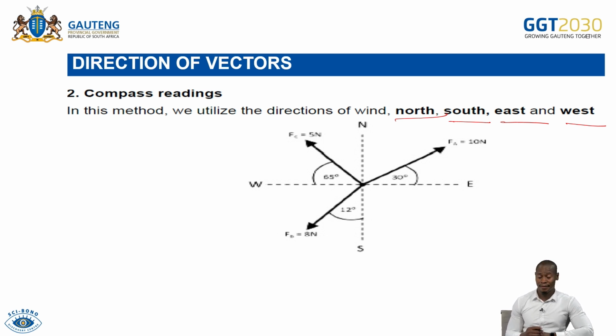your FA, the magnitude is 10 newtons, and then you can see the angle between east and this force is 30 degrees. So if you're using the compass directions, FA equals 10 newtons. What is the angle between this force and east? It's 30, so you can say 10 newtons, 30 degrees.